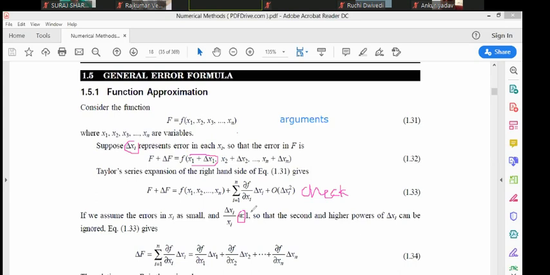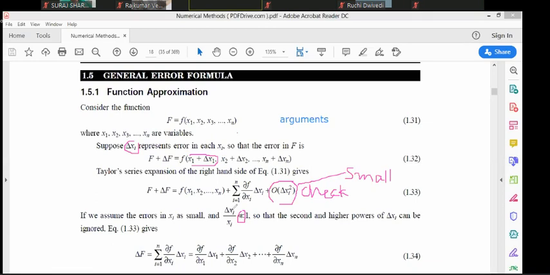We represent this as order delta xi, which becomes very, very small, and this ratio is always less than 1. The second order powers of delta xi can be ignored. From here, this is ignored.